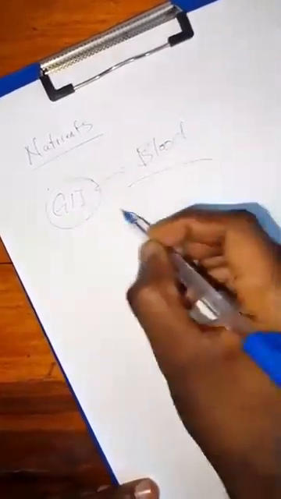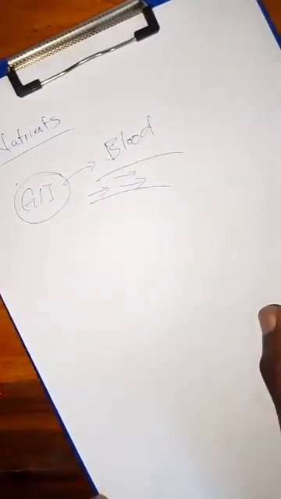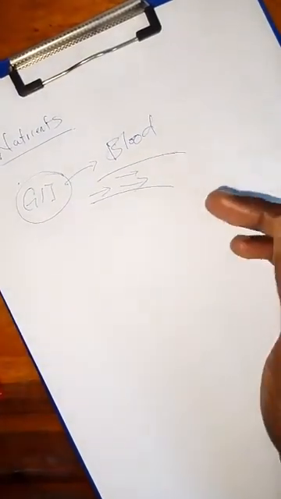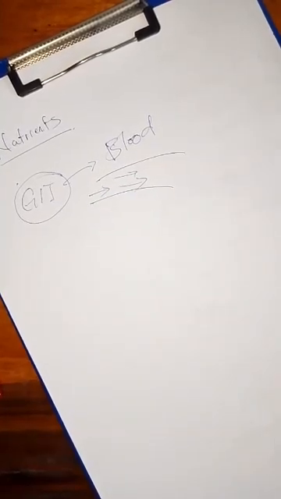And as it gets into the blood, it is going to be transported to the site where it is needed for tissue metabolism. In blood, we talked about those proteins. They play a role in the whole thing of transportation. And we know that we have proteins like albumin, globulin, and fibrinogen that are found in blood.